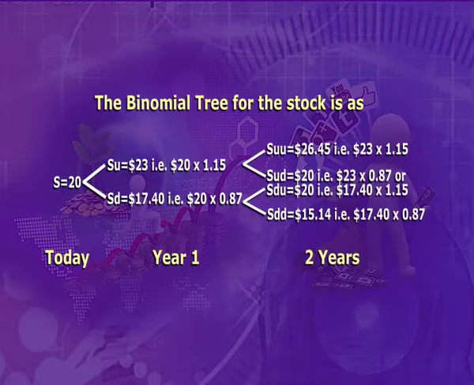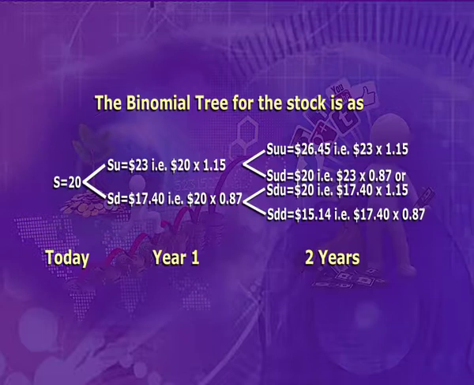Further, in year 2, SUU will be $26.45, that is $23 into 1.15, and SUD would be $20, that is $23 into 0.87.